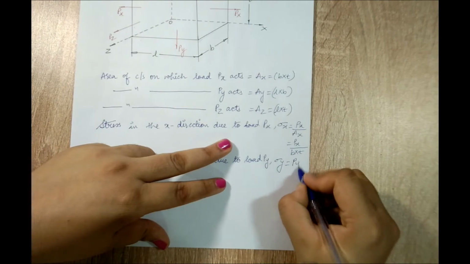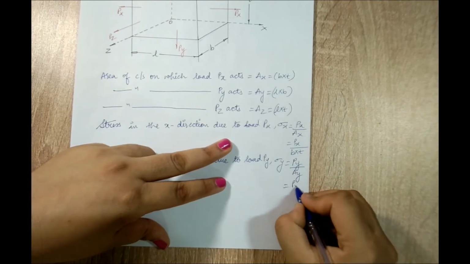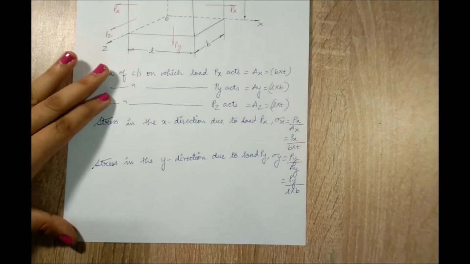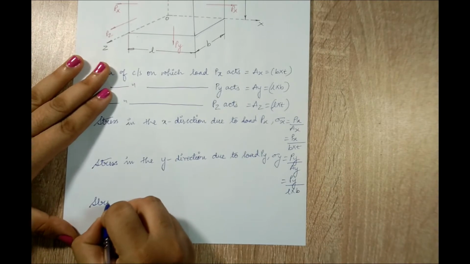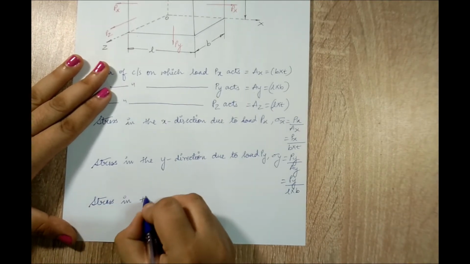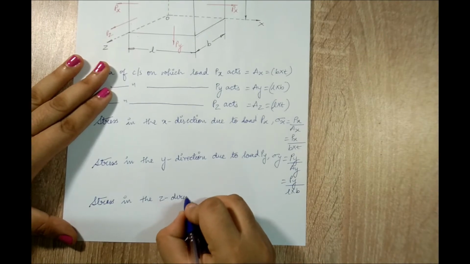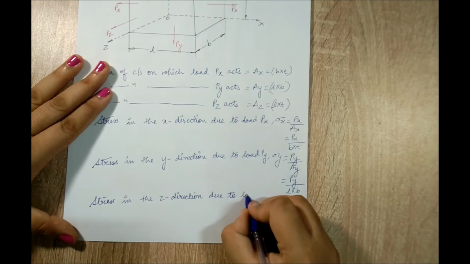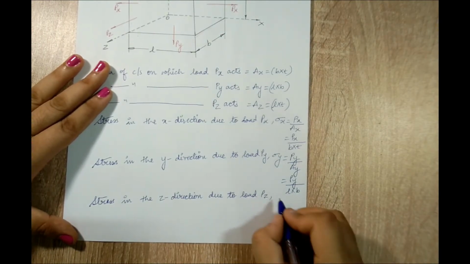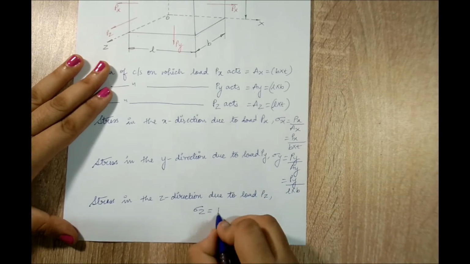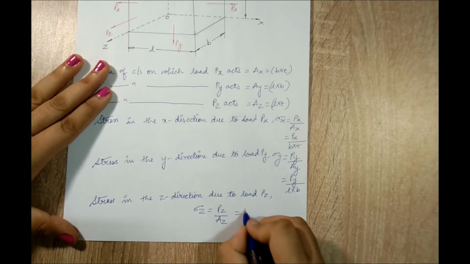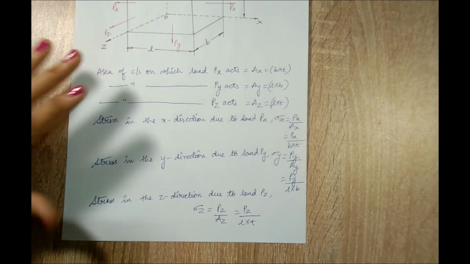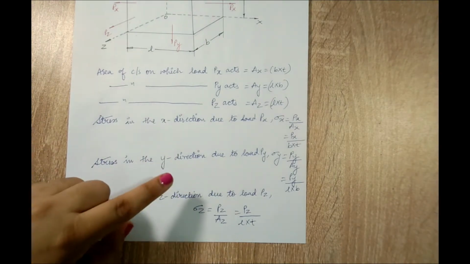It will be Py upon Ay, which will be Py upon L into B. Third, I will talk about the stress in the z direction due to load Pz. It will be sigma z, which is Pz upon Az, that is Pz upon L into T. So these are the three stresses which I have got: sigma x, sigma y and sigma z.